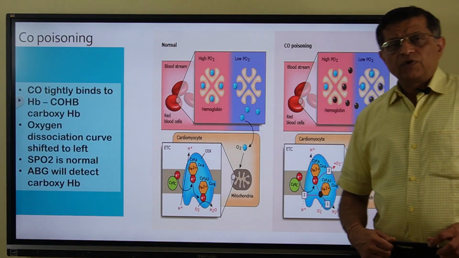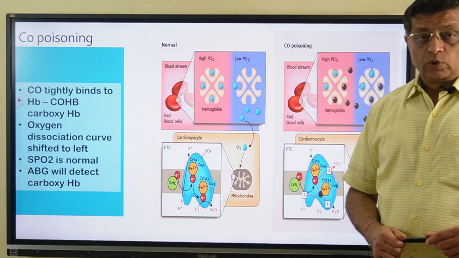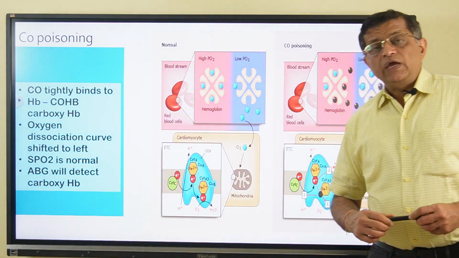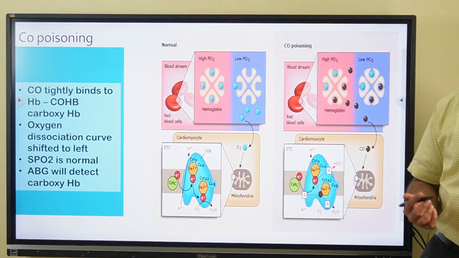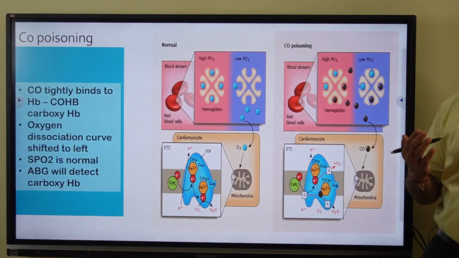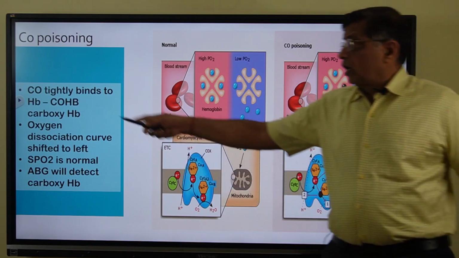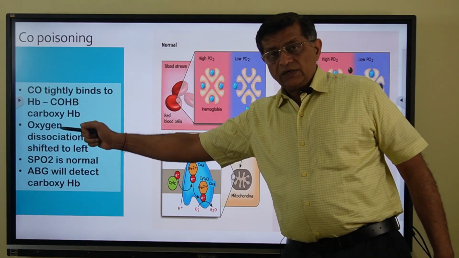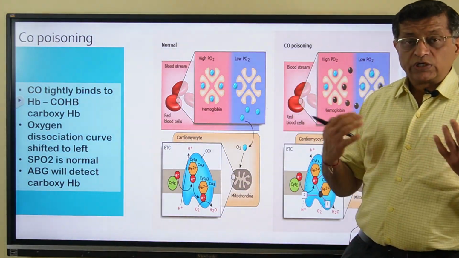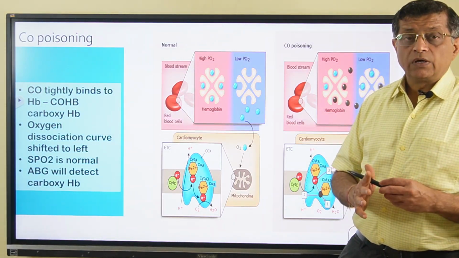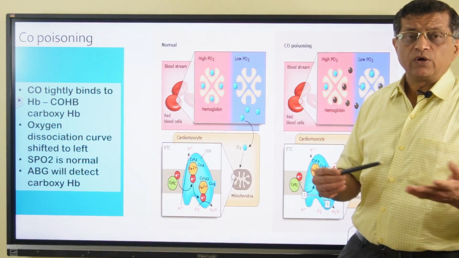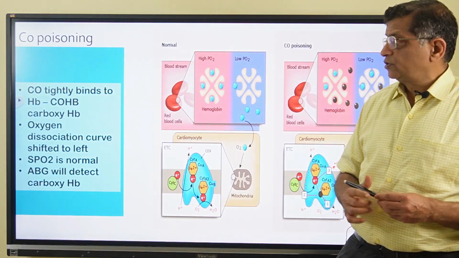Few slides, 1 or 2 slides about abnormal hemoglobins. So some ABG machines also detect carboxyhemoglobin and methemoglobin. So what is carboxyhemoglobin? Carbon monoxide is a gas. Sometimes it is released also in cars, and from burning of some gases created in some factories.